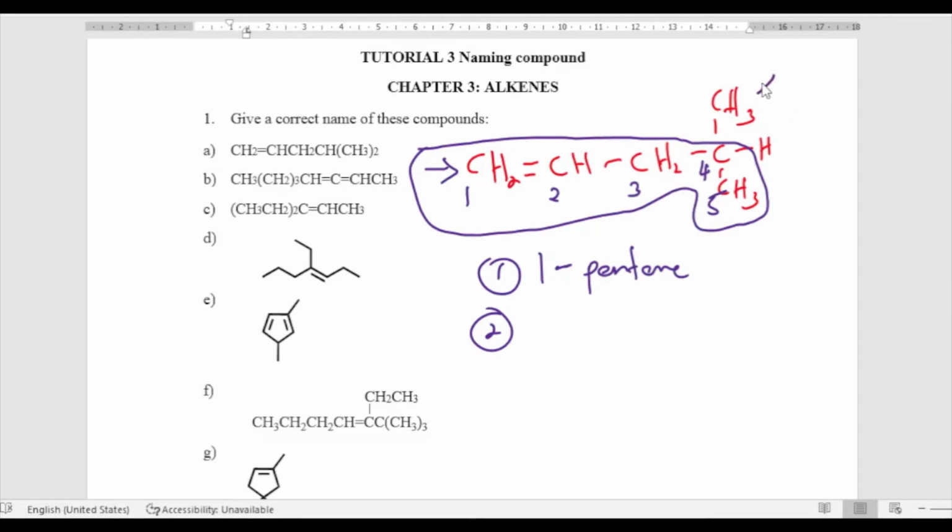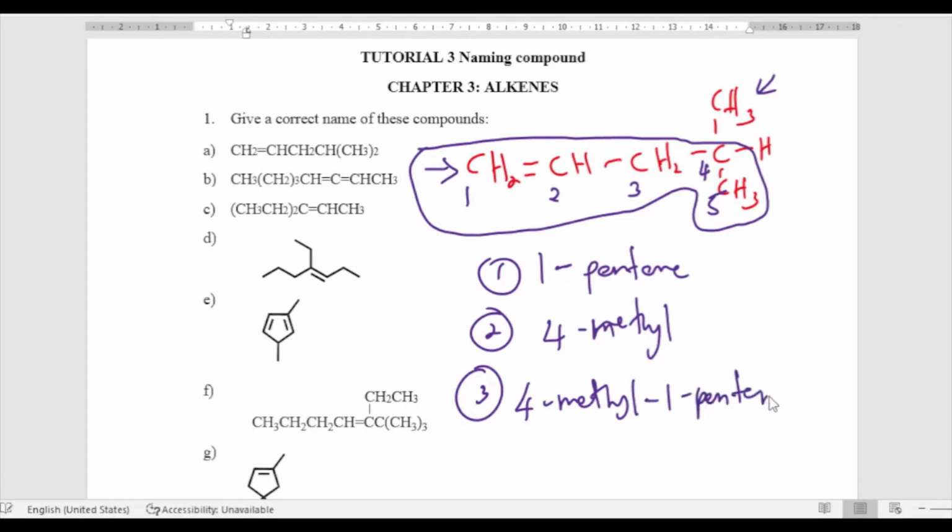This is methyl, at carbon number 4. So the substituent is 4-methyl, and the IUPAC name will be 4-methyl-1-pentene. So this is the name for this structure.